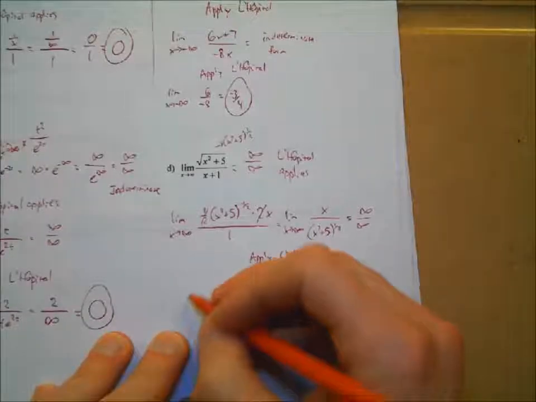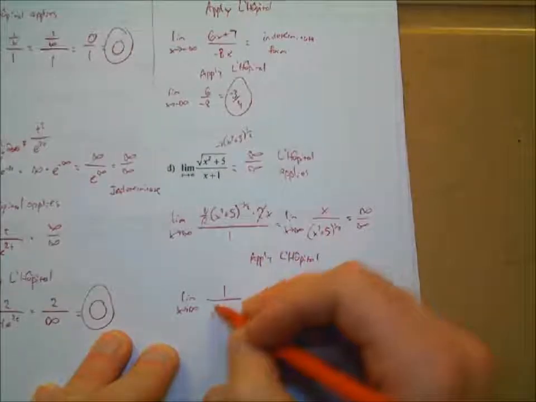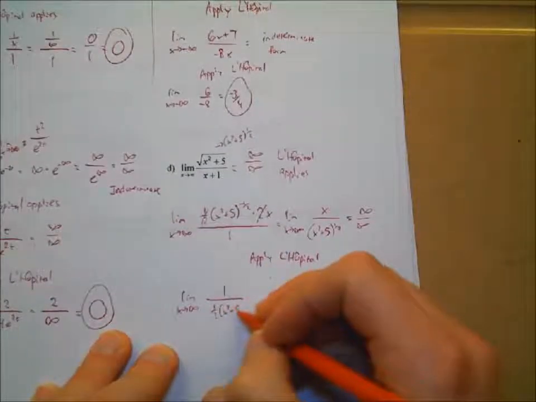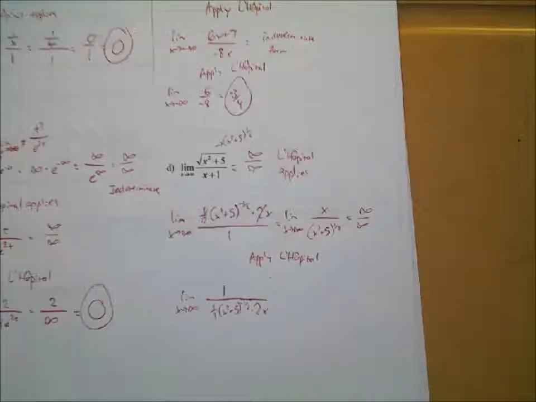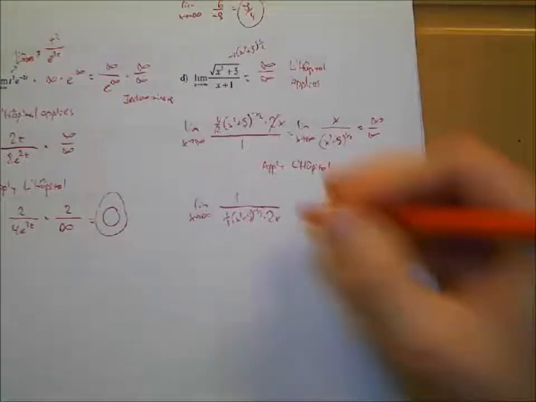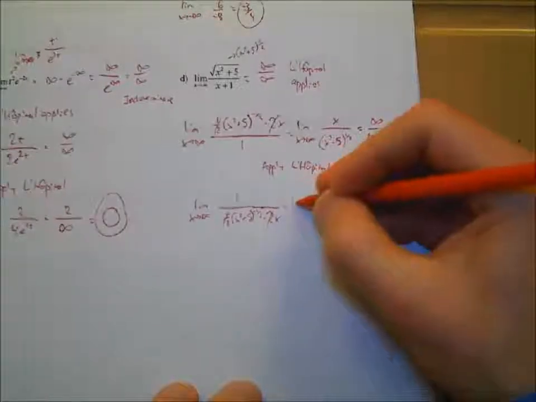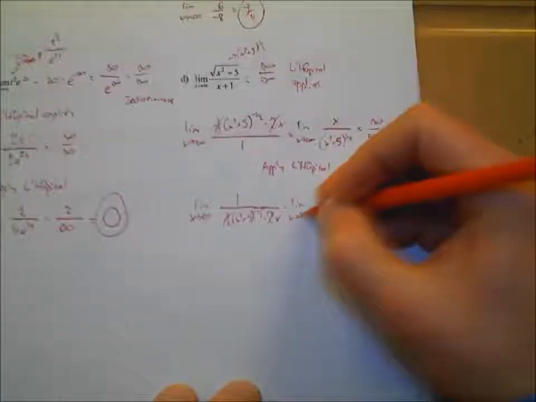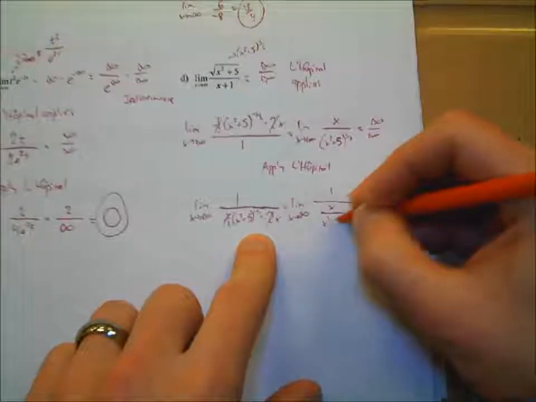If we plug in infinity, what's going to happen here? Still indeterminate form. So we get to apply L'Hopital again. And so we end up with the limit as x approaches infinity of 1 in the numerator over 1/2 x squared plus 5 to the negative 1/2 times 2x.